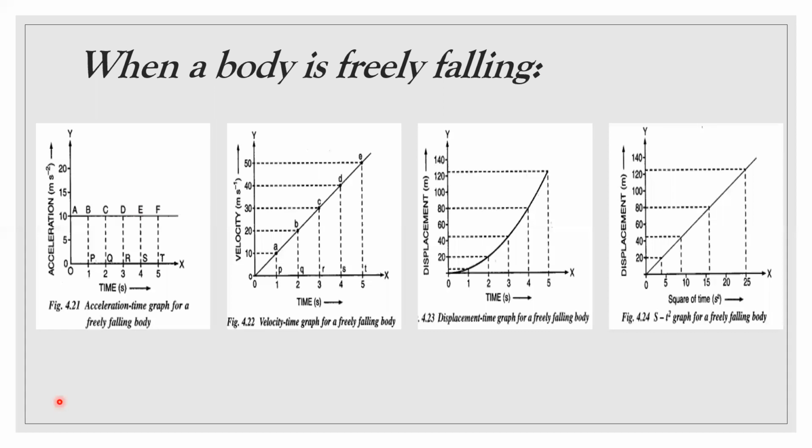Okay. Now we know that if I want to calculate the velocity from this acceleration time graph, then I have to calculate the under area. Acceleration time graph's under area shows the velocity. So to calculate the velocity at the first second, I will calculate the under area of rectangle ABPO.